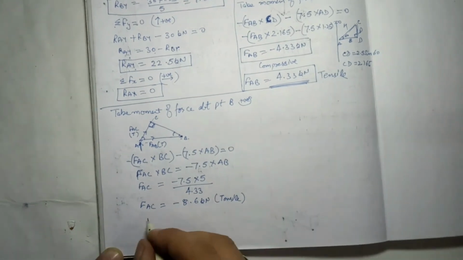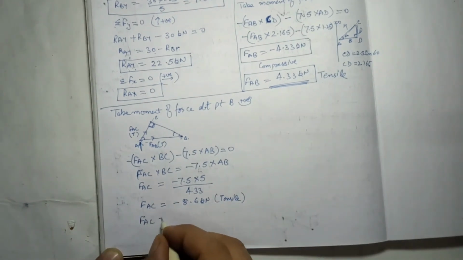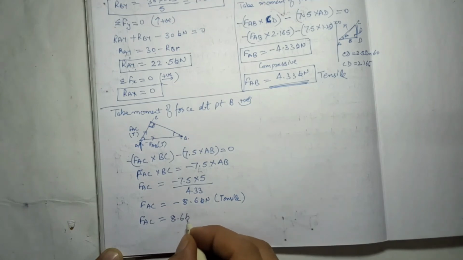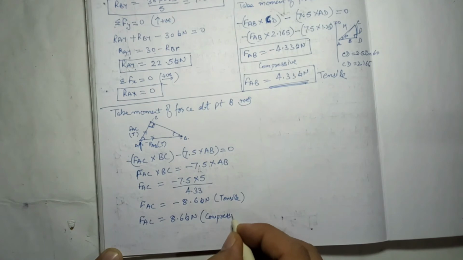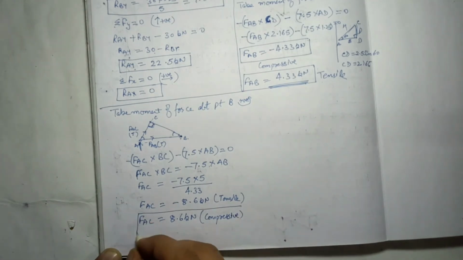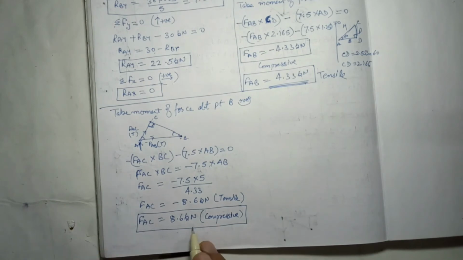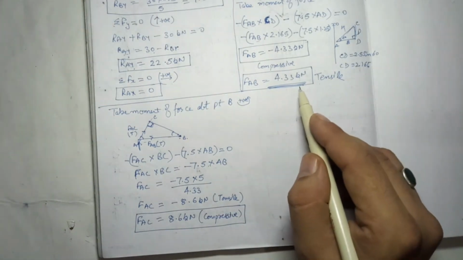So to make it positive, we say FAC is equal to 8.6 kilonewton, and this is compressive. So this is the value which we have to find out: FAC 8.66 kilonewton, FAB 4.33 kilonewton.